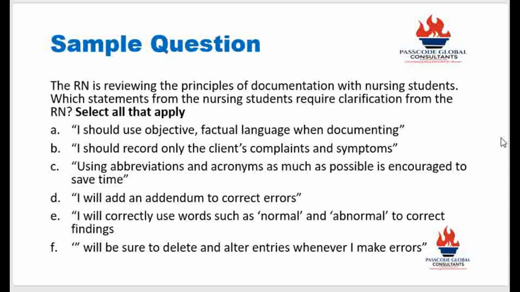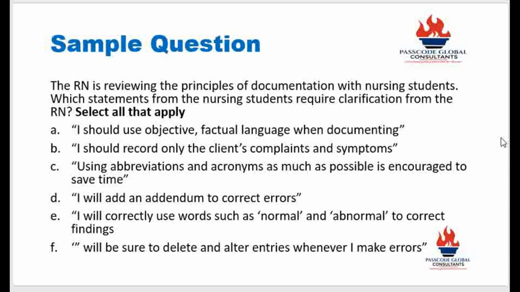F, I will be sure to delete and alter entries whenever I make errors. No, this again is a bad option because you're not supposed to delete entries. You're not supposed to alter or change entries. You're supposed to use an addendum. So if you look at D and F, they're actually contradictory to each other. One of them will be an answer, the other one will not be an answer.